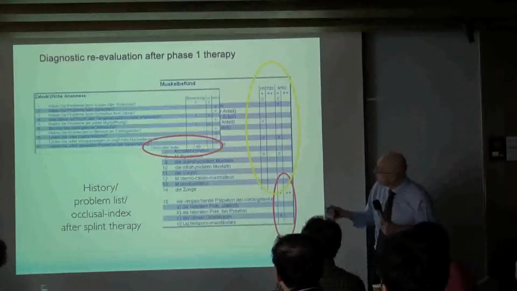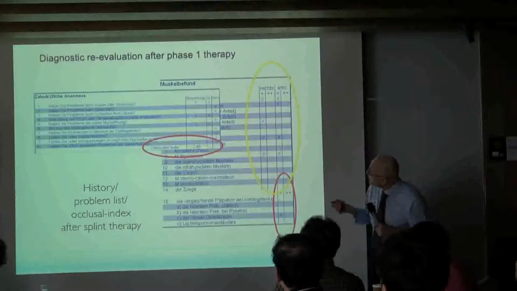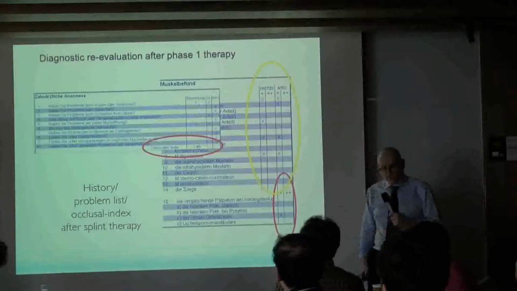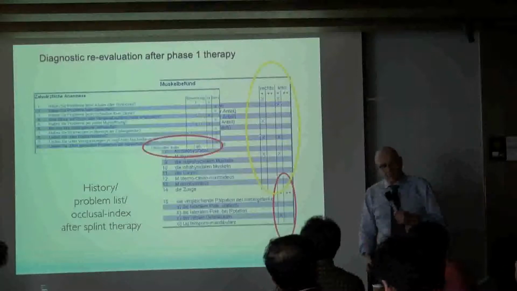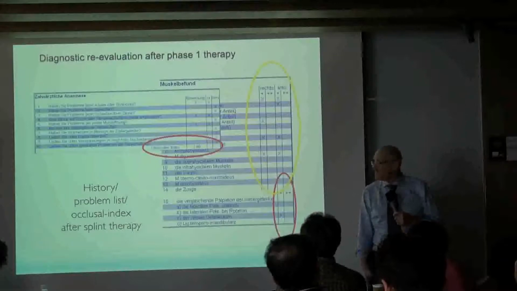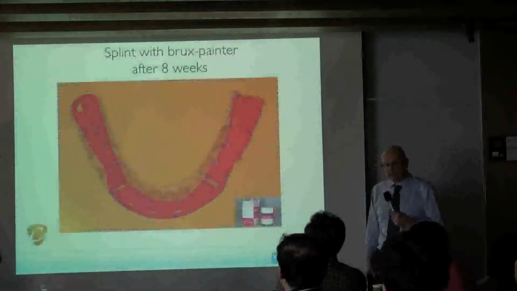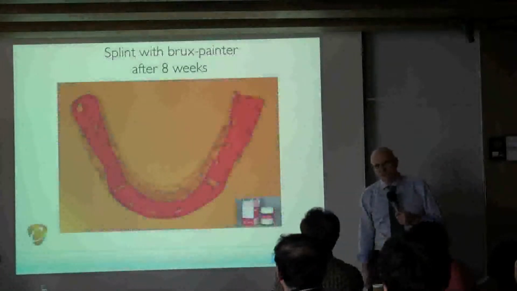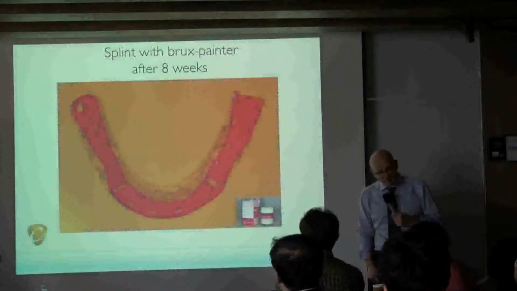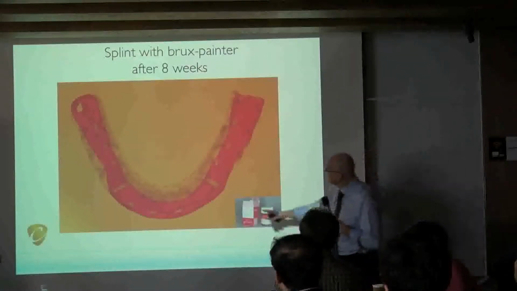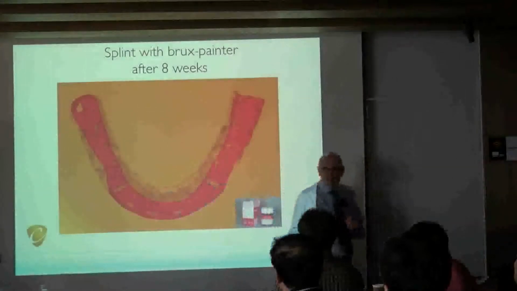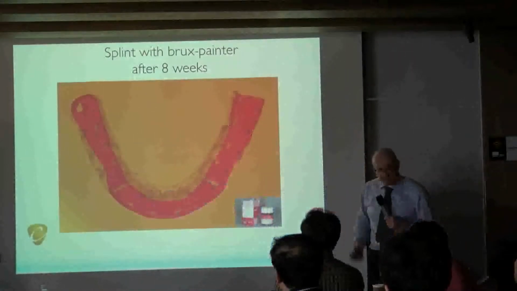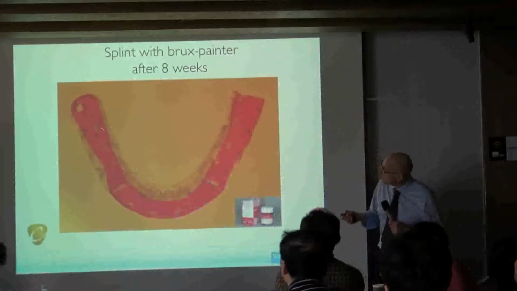If only little symptoms are left, muscle palpation is strongly reduced, and joint sensitivity is much better, we can check clenching activity in the patient on the splint with the new occlusal concept: only dynamic contact on the canine, no posterior interference anymore, only RP contact.